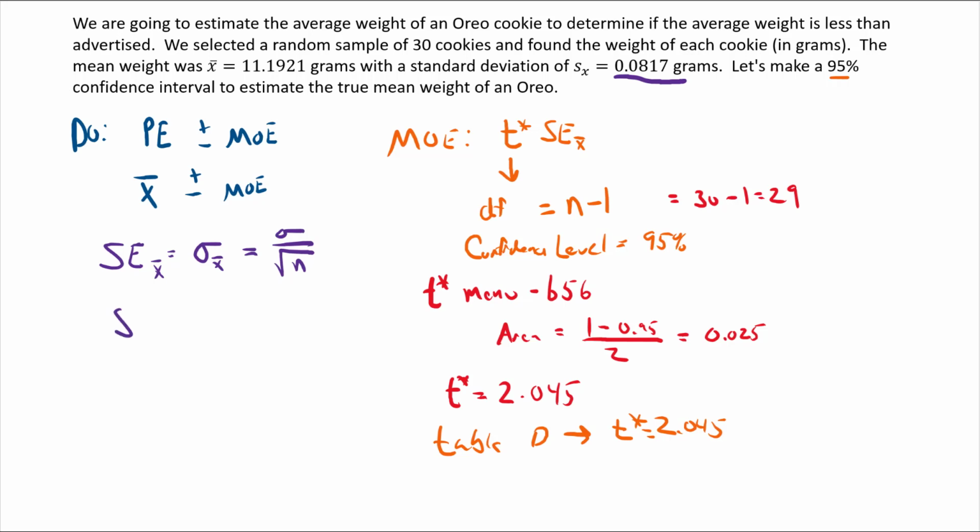So for our standard error of our sample, we're simply taking 0.0817 and dividing by the square root of 30. And therefore we should get, let's see, what did I get here? 0.0149.